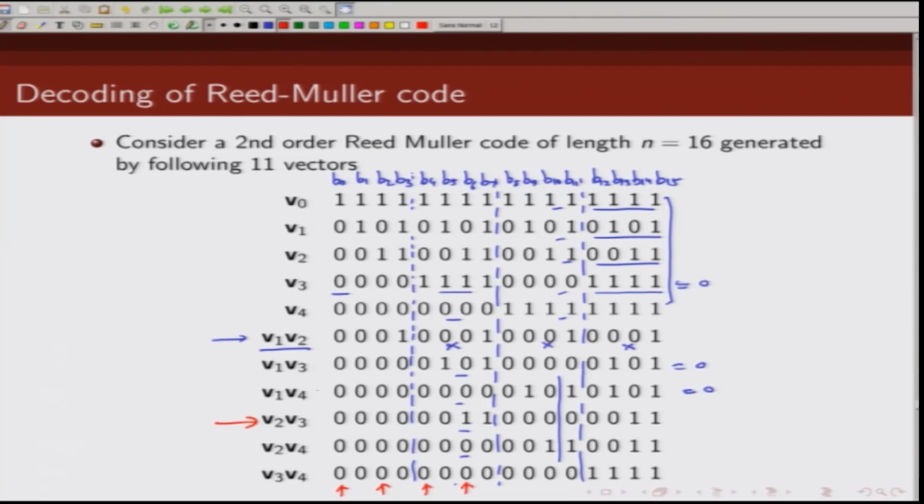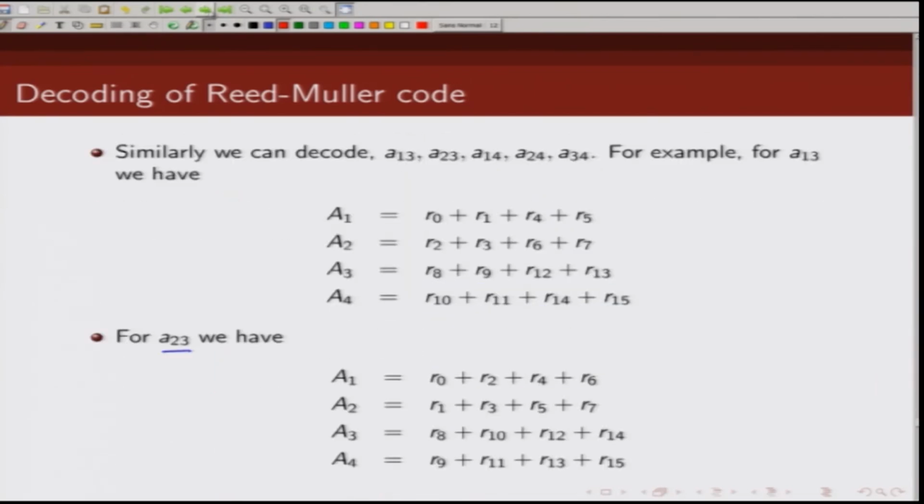So, you can see all rows will give me 0 except this particular row, and the same thing I can repeat if I look at the second row, fourth row, sixth row and eighth row; I will get the same information.